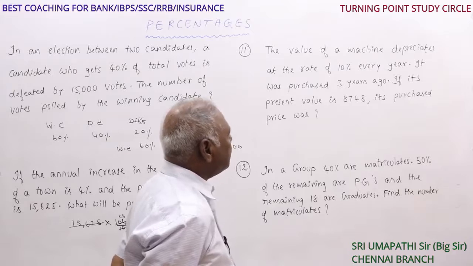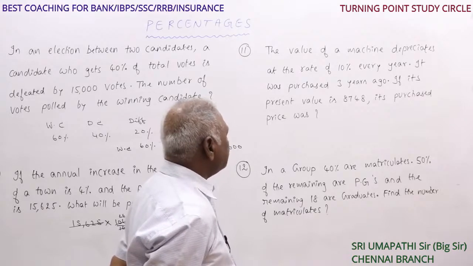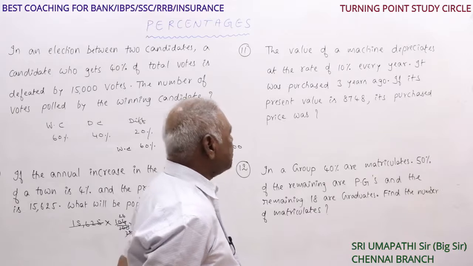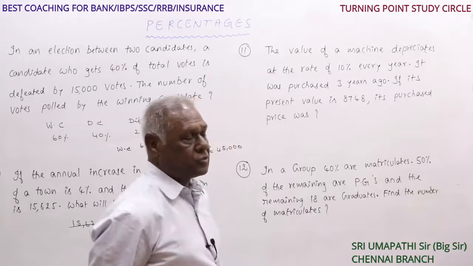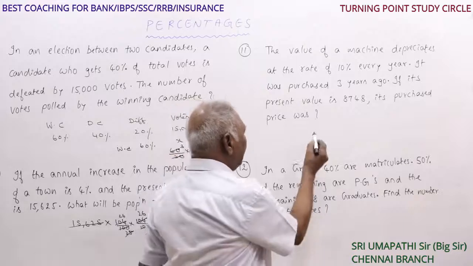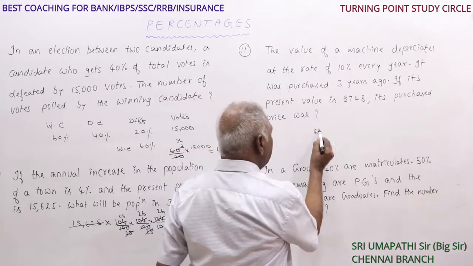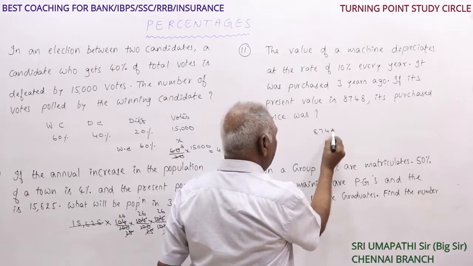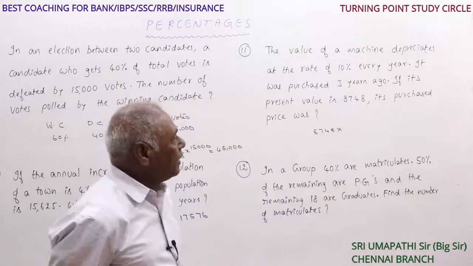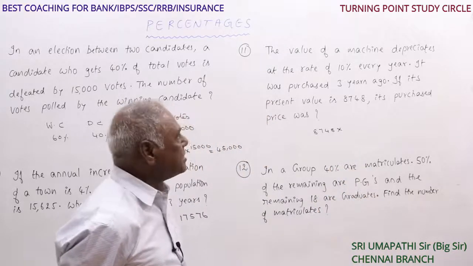The value of a machine depreciates at the rate of 10% every year. It was purchased 3 years ago. If its present value is 8,748, its purchase price was? So before 3 years, what was its price? Here the present value is 8,748 and the price before 3 years is asked.